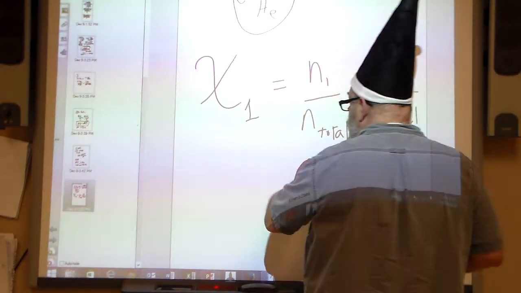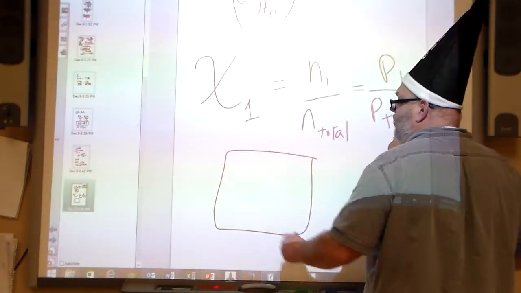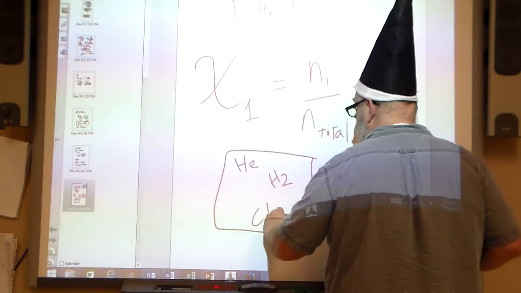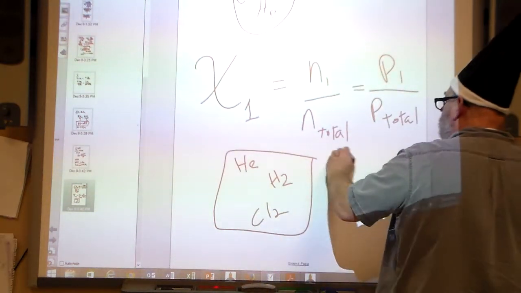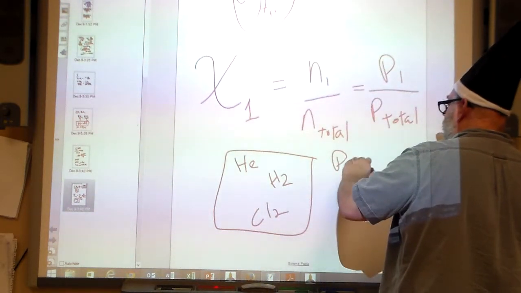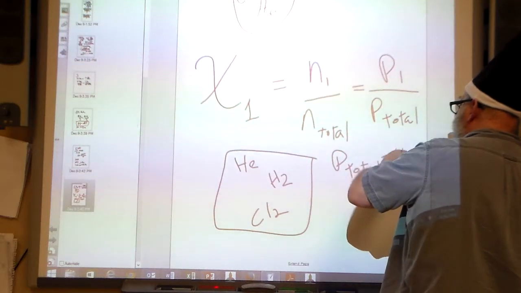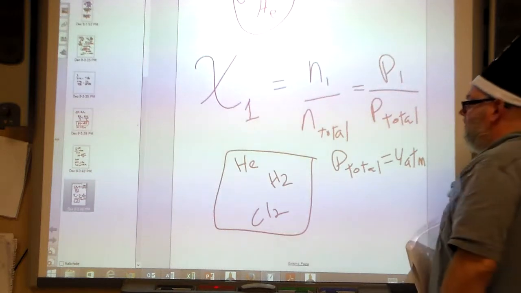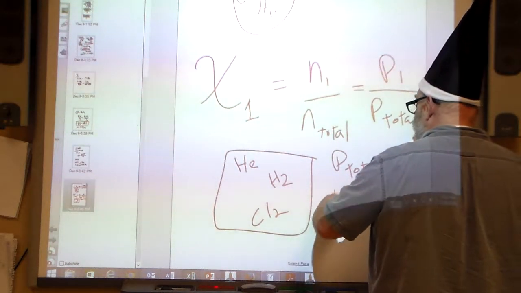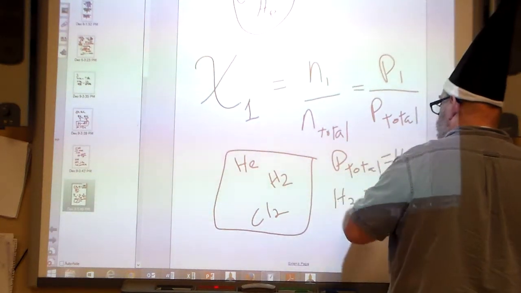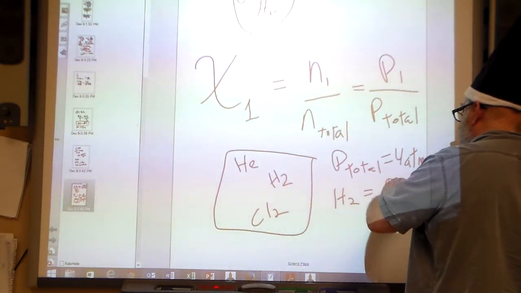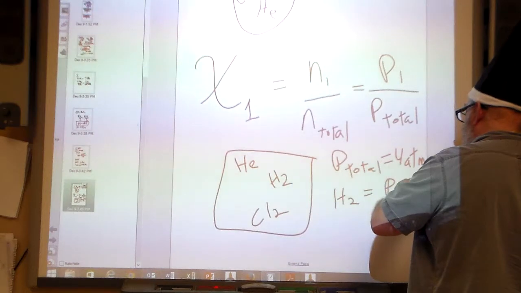if I have a container that has 3 gases in it, if the total is 4 atmosphere, and let's say the pressure of H2 is 2 atmosphere.